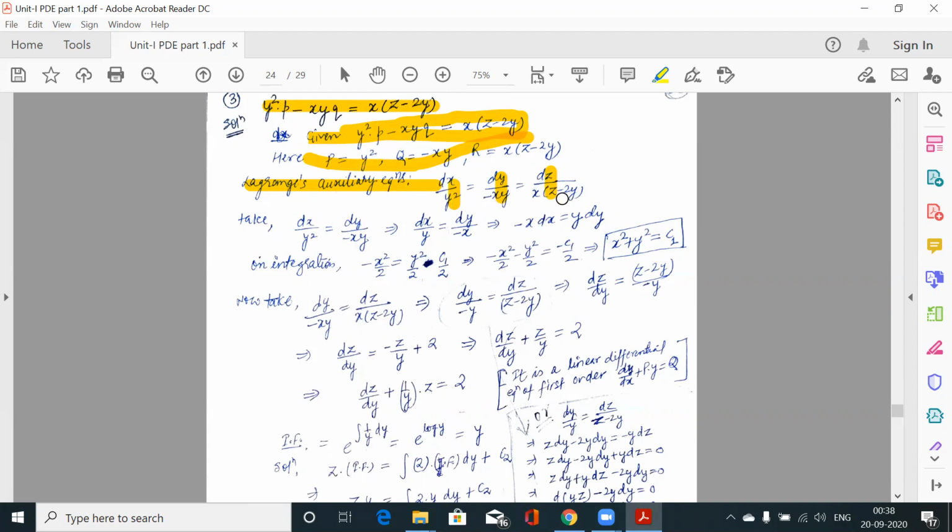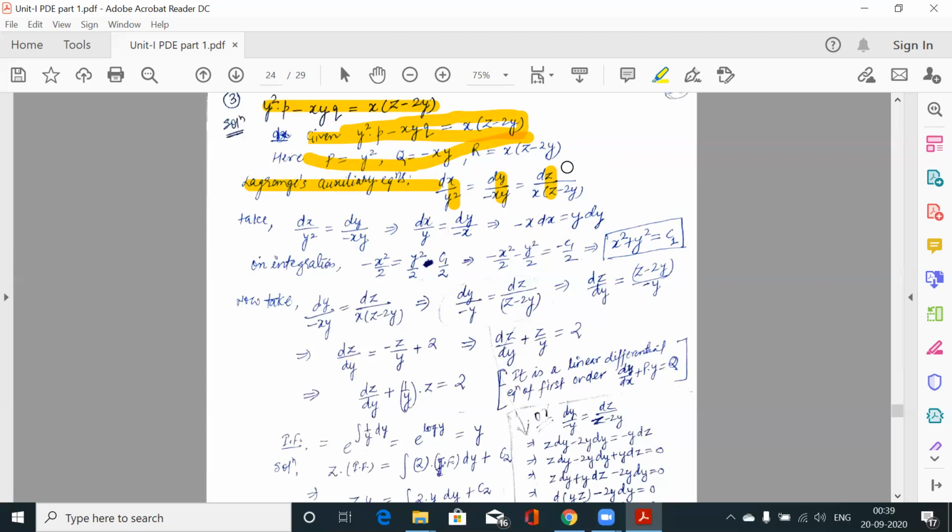Because this is dz over xz minus 2y, this y cannot go on this side, and also this y cannot be integrated with dx, because y square is this, so y would be the square root of c1 minus x square. So the x term cannot go on this side because this is not in multiplication, but it is addition or subtraction. So the integration would not be possible.